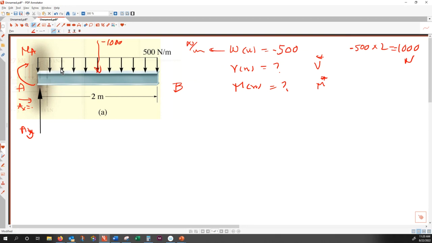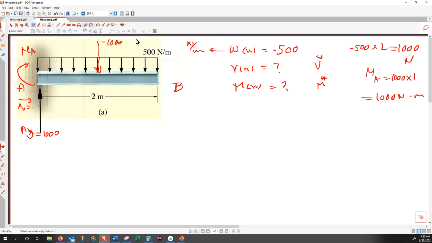And therefore, AY becomes 1000 Newton. And then MA is 1000 times half of this distance, which is 1. So MA is 1000 times 1, which is 1000 Newton meter. All right. So that is MA.